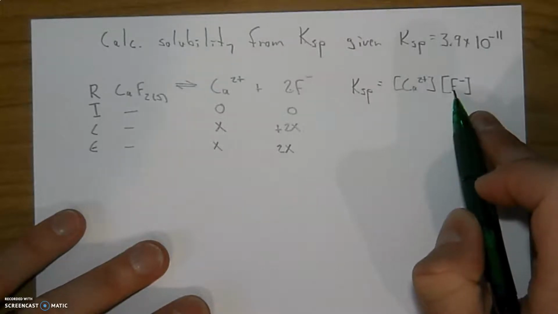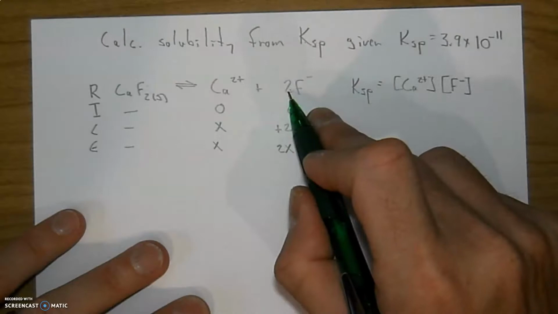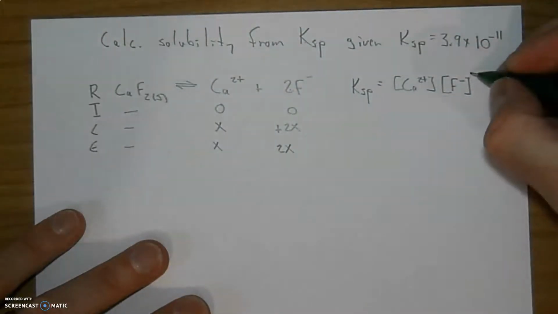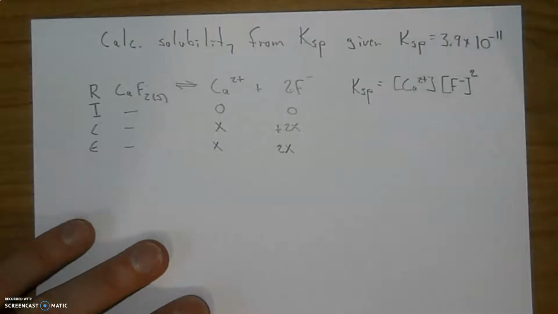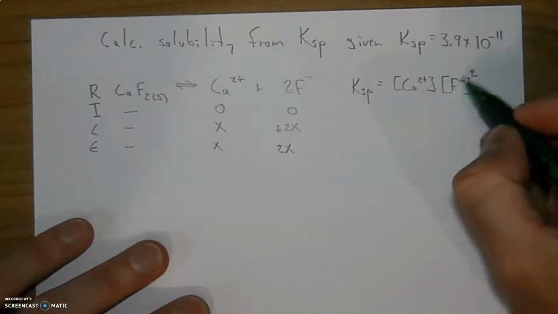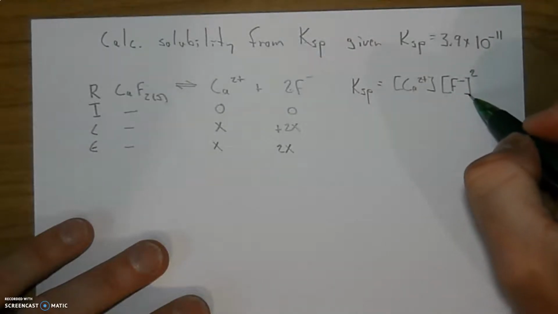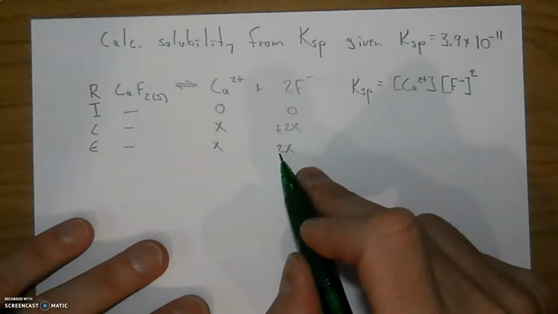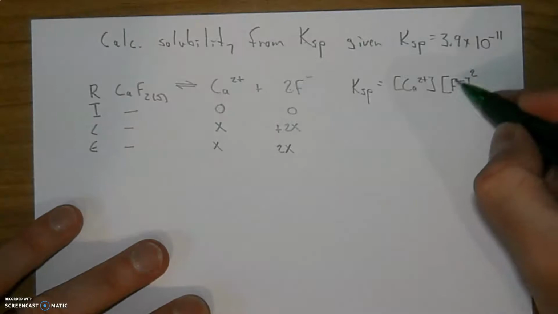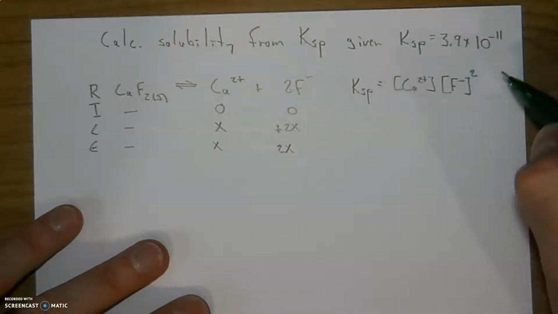Now, what we don't ignore is the 2 here as an exponent based on the expression, which we've done back in chapters 15 and 16, where the 2 automatically does go up here. In other words, if someone told me that the concentration of fluoride is, I don't know, 1 times 10 to the negative 3, I would just put that number in here. I'm not going to manipulate it at all inside these brackets. I'm not going to say, oh, it's 1 times 10 to the negative 3, therefore it's 2 times, no, you don't do that. So whatever number comes in here, you just put in here. So leave it as is.